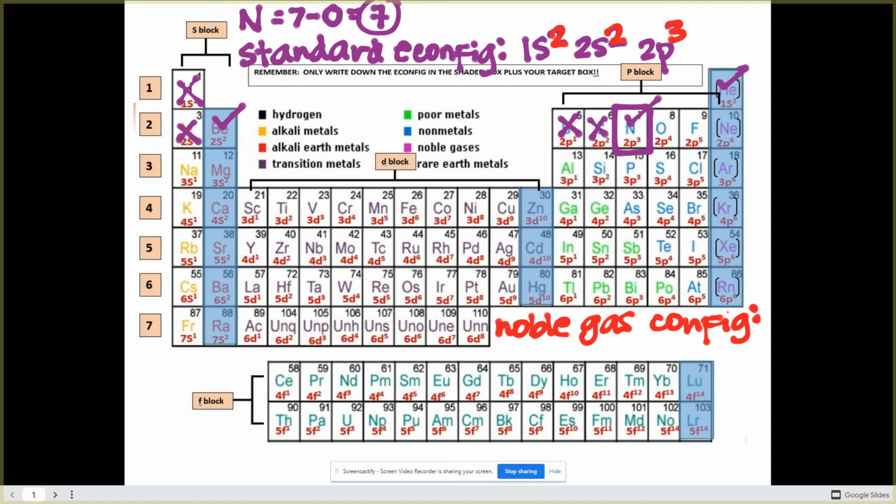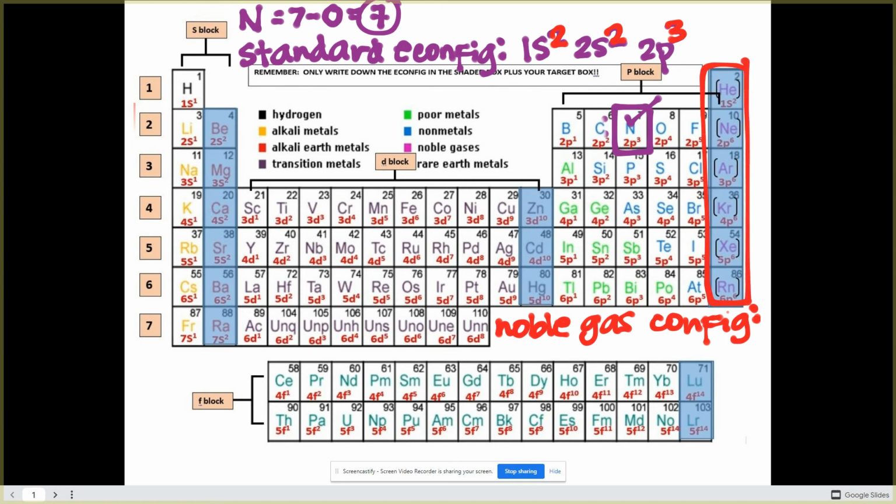Let's erase all our x's and squares again. All right. So again, same as always, just look for your target box. Okay. In our case, it's number 7. And then you have to look for a noble gas before it. So again, the noble gases are the last column in the periodic table. So it's this column right here.